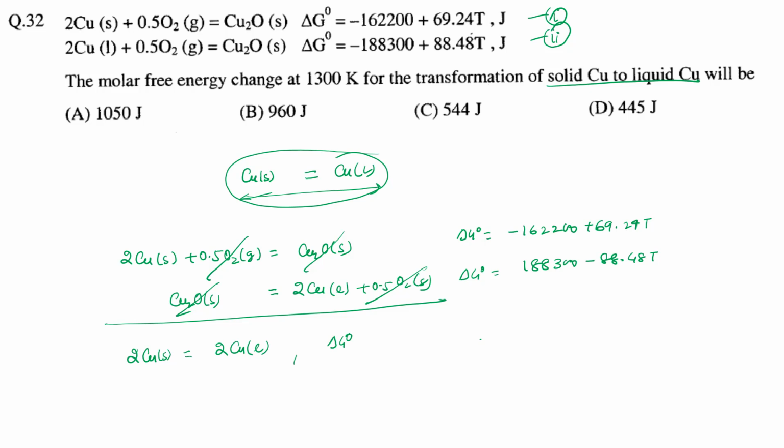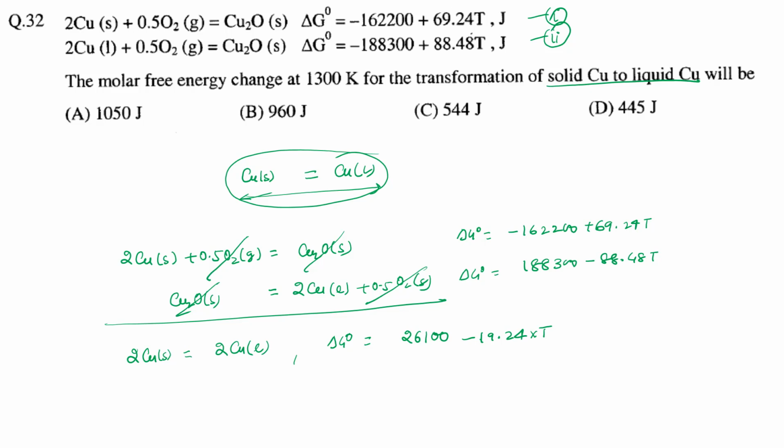So delta G naught will be, you calculate it, but I am writing it directly because I have done the calculation already. So it is 26100 minus 19.24 into T.